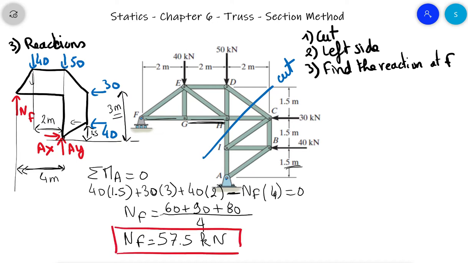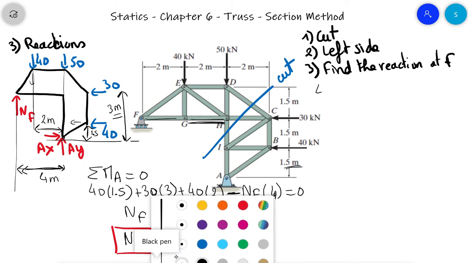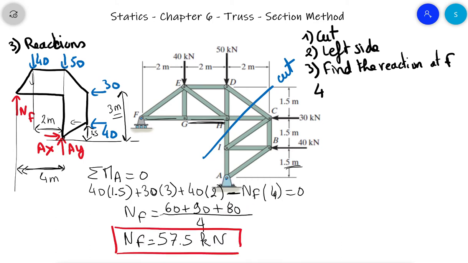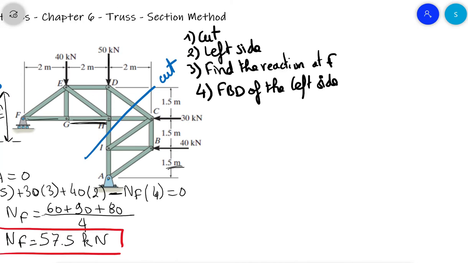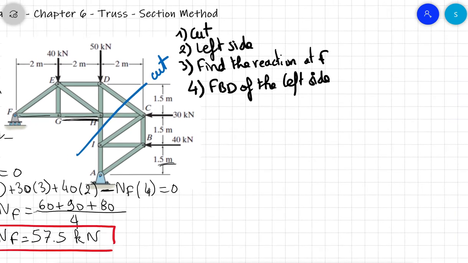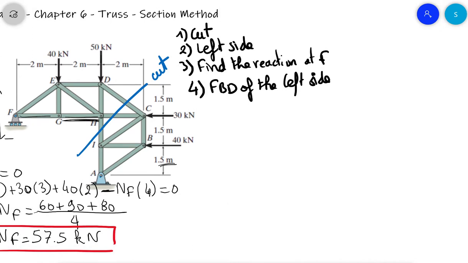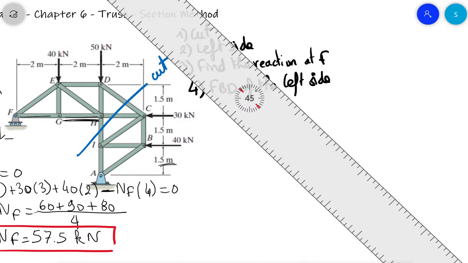Now that we found NF, we can do the next step, the free body diagram of the left side. Let me show you.